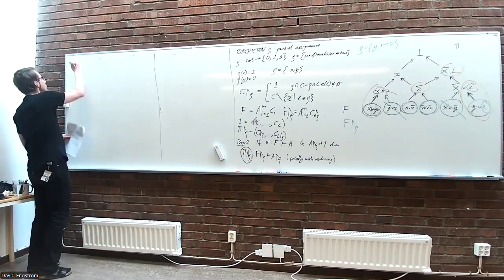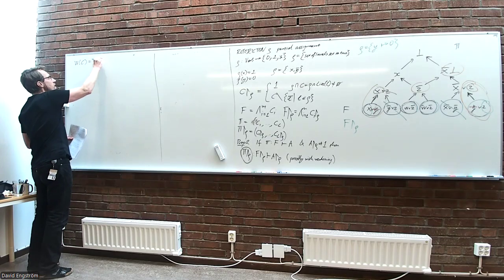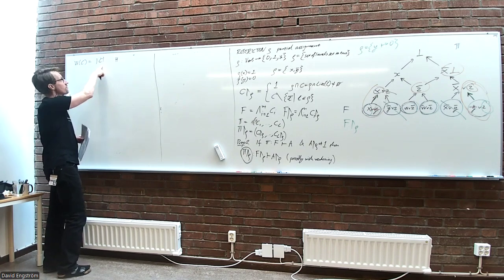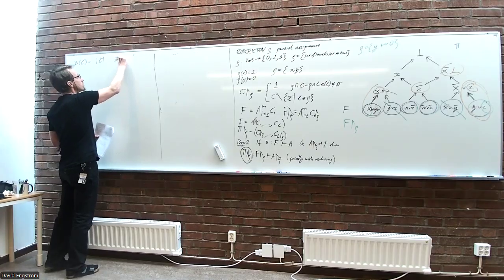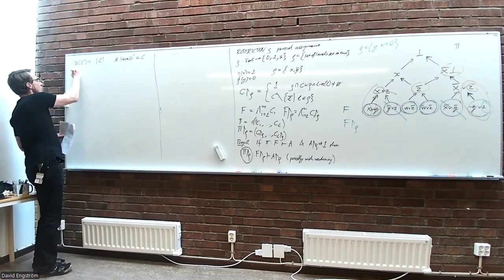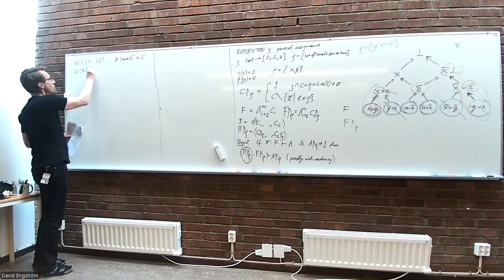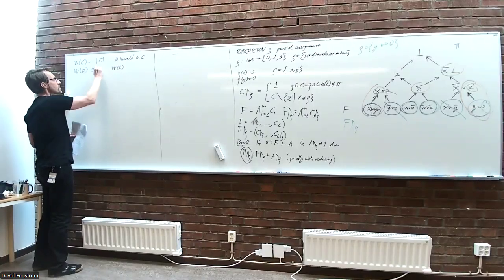Good. So now width. The width of a clause is just the number of literals in it, which, since I consider a clause to be a set of literals, I can just write as the set size of C, the number of literals in C. Now it's straightforward to define, suppose I have a CNF formula, I look at all the clauses in it and take the maximum.